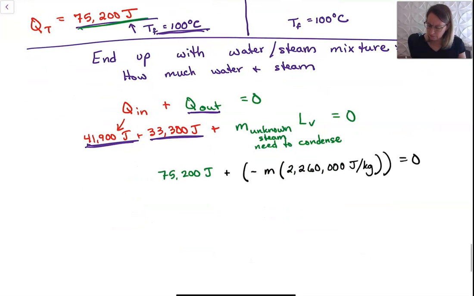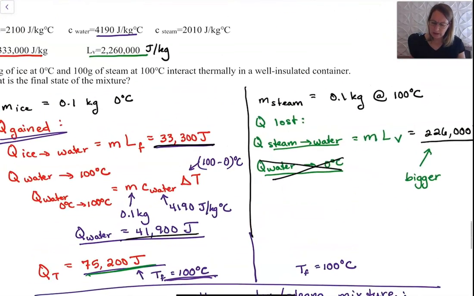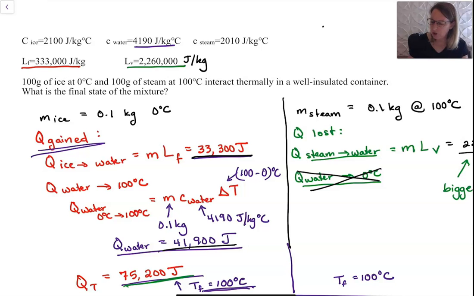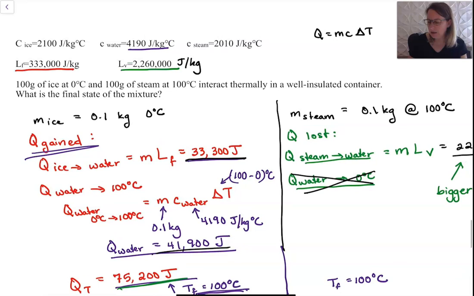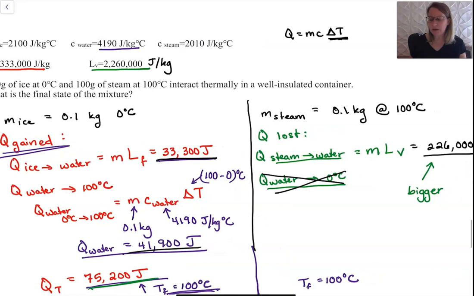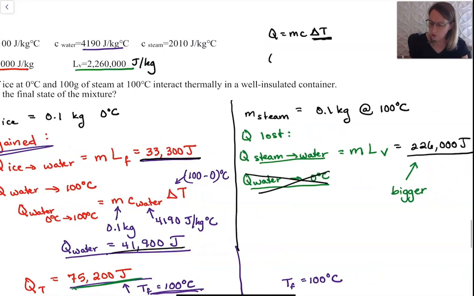And the reason for this minus sign is that this is heat that's lost. Usually we get the minus sign naturally in our equation Q equals mc delta T. That delta T will make it positive or negative, but when we use Q equals mL, we have to set the sign.